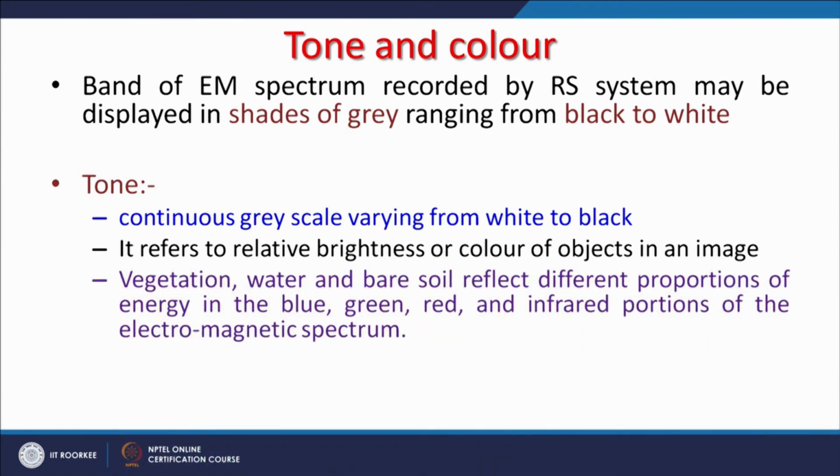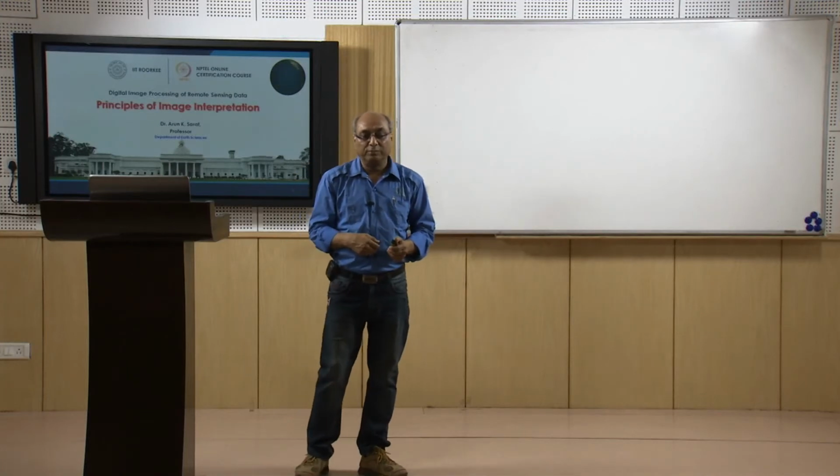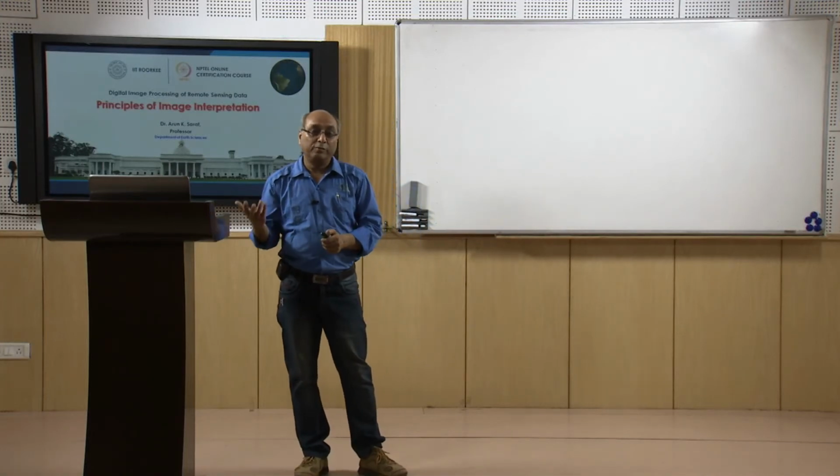So vegetation, water and bare soil reflect different proportions of energy in different bands: blue, green, red and infrared portions. For example, in the infrared portion of the electromagnetic spectrum, reflection from healthy vegetation is always very high.